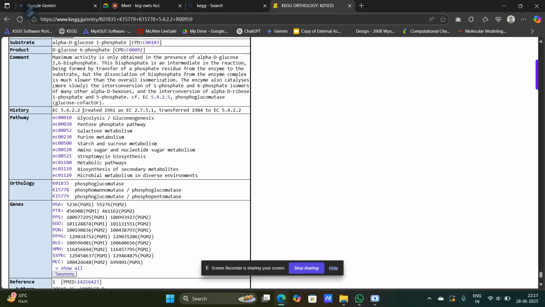They might create a new enzyme class or merge two enzyme classes, so the identification number changes. Hence, it says enzyme 5.4.2.2. It was created in 1961 with the ID 2.7.5.1, but in 1984, after almost 20 years, it was transferred to this ID. Are you able to understand?